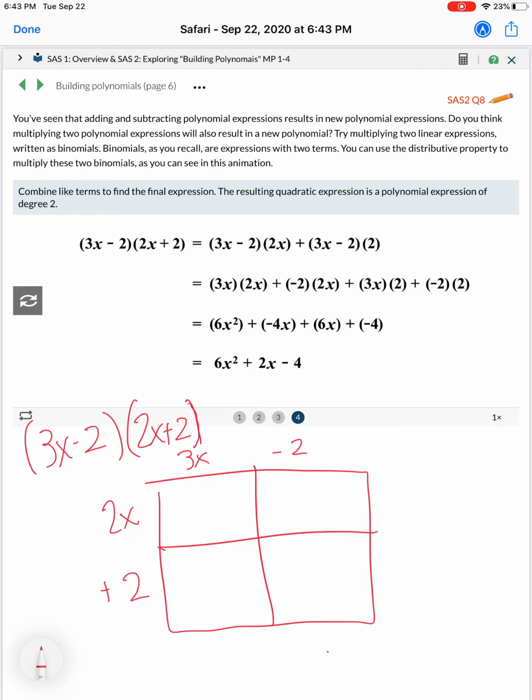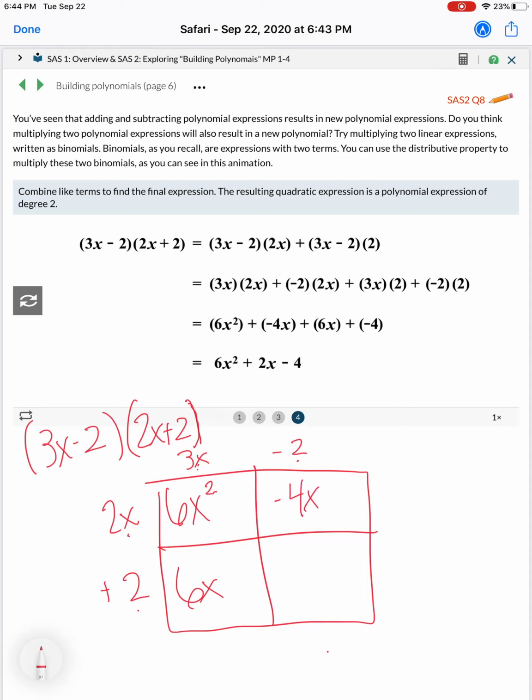Now, remember, everything on the outside, we multiply. Everything on the inside, we combine. So, a 3x times a 2x is a 6x squared. Okay? A 3x times a 2 is just a 6x.